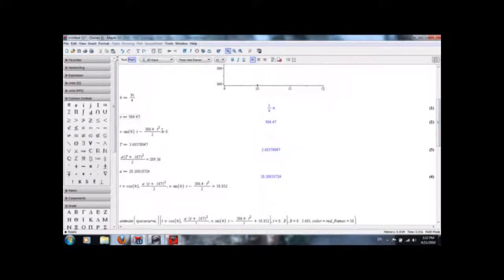This is the y form of the parametric equation, so the cosine part would be over here, and this is only the y section. This 386.4 is the gravitational constant, which I computed in feet and then converted to inches, and that's where that came from.